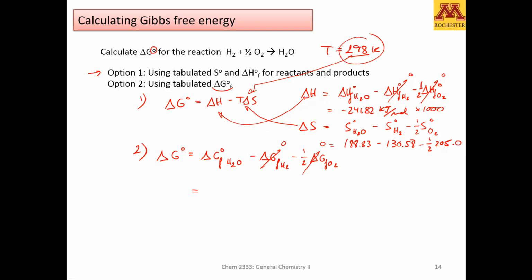In principle, you could have calculated this at different temperatures, assuming again that enthalpy and entropy are constant. So option 1 is good when you want to calculate the change in Gibbs free energy at different temperatures, assuming again that enthalpy and entropy are constant. But if you just want to calculate the change in Gibbs free energy at the standard temperature, route 2 is much easier, because we just need to look up the formation of water.